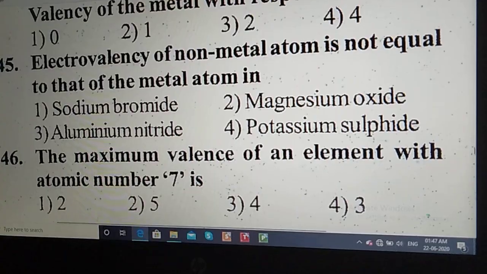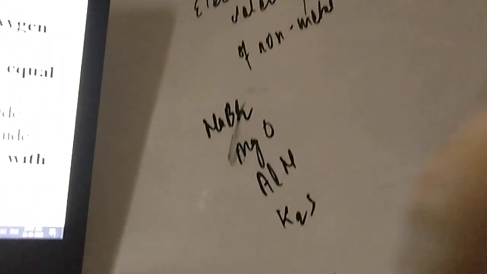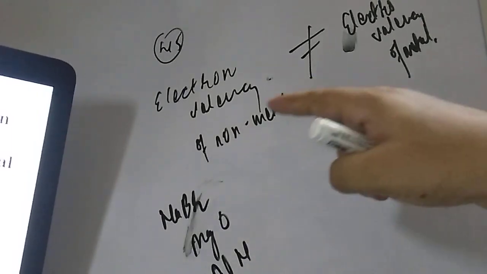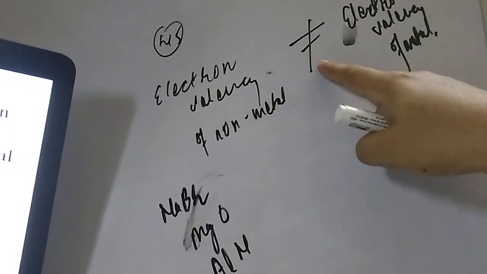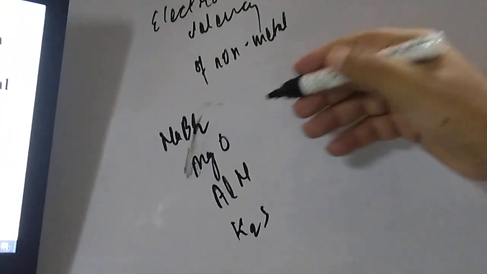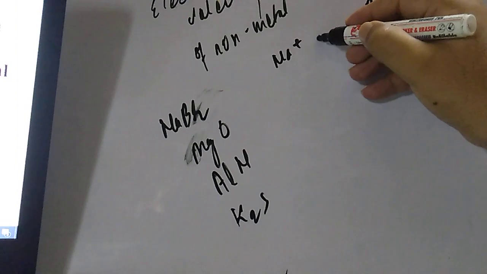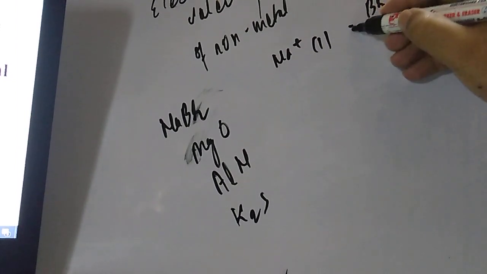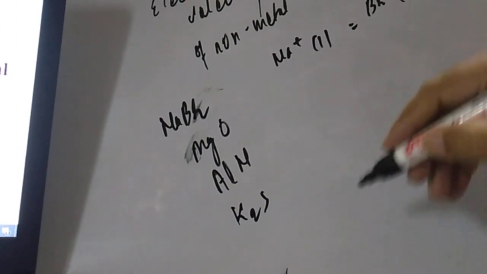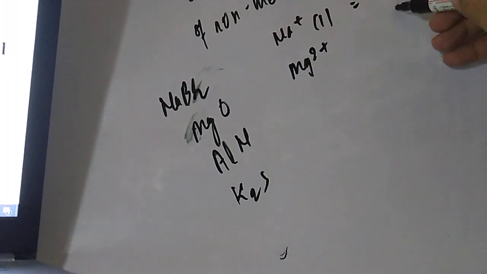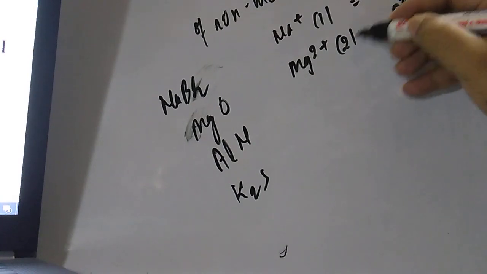Let us come to the board, students, to understand question number 45. The question is saying the electrovalency of the non-metal is not equal to the electrovalency of the metal. NaBr gives Na+ and Br-, so that is 1 and 1. 1 equals 1, so it is not the answer. MgO gives Mg2+ and O2-, so 2 equals 2.